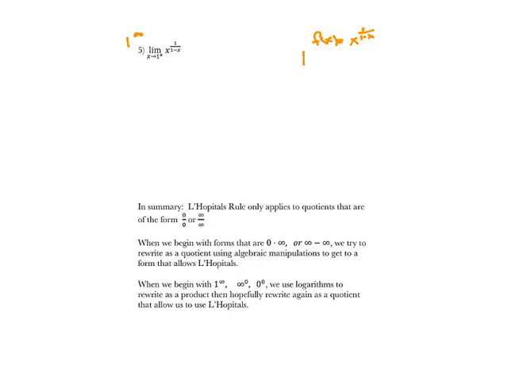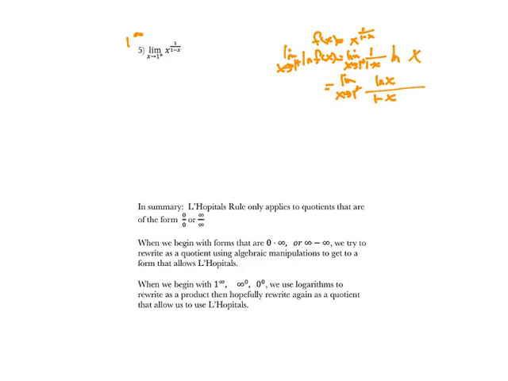I take the natural log of both sides. And then I take the limit of both sides. So simplifying the right-hand side, I get the limit as x approaches 1 from the right of the natural log of x over 1 minus x.